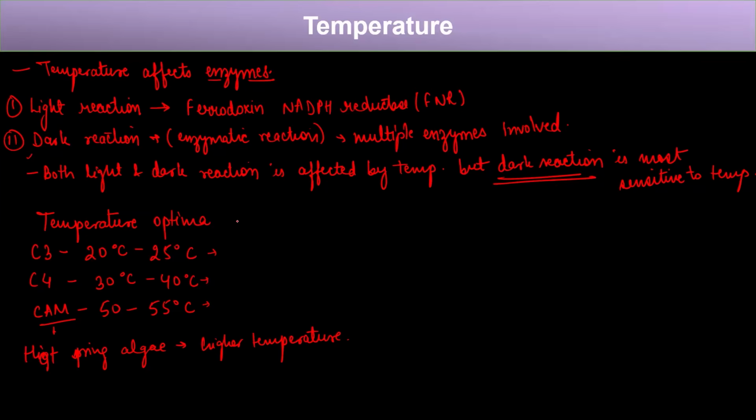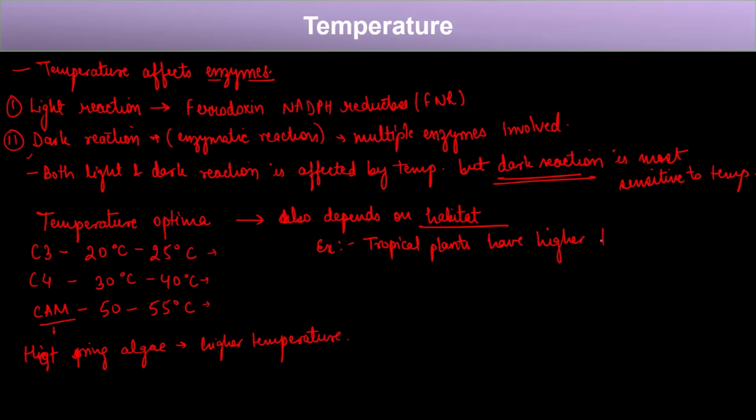So this temperature optima also depends on habitat. By habitat, I mean where these plants grow. For example, tropical plants have higher temperature optima as compared to plants that grow in a moderate climate.